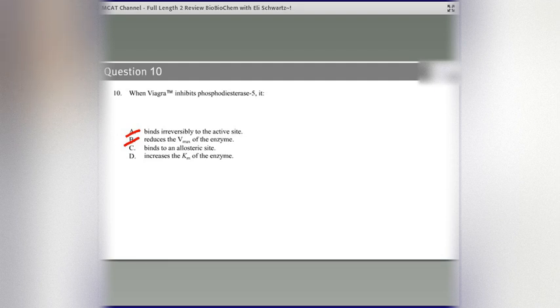Now, C could be tempting. We might bind to an allosteric site and shut something off. That could inhibit, potentially. And then increasing Km of the enzyme, well, that could also potentially be true, right? Because if we're inhibiting this PDE thing, it could be influencing the Km. It's not going to change Vmax, but it could change Km. So in this case, we don't really need a big relationship back to the pathway.